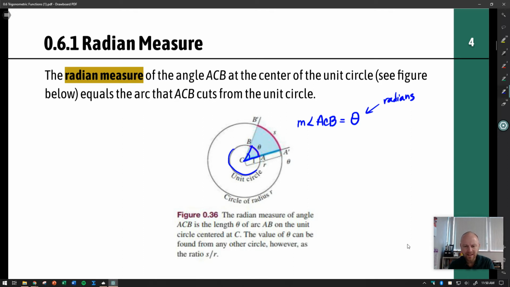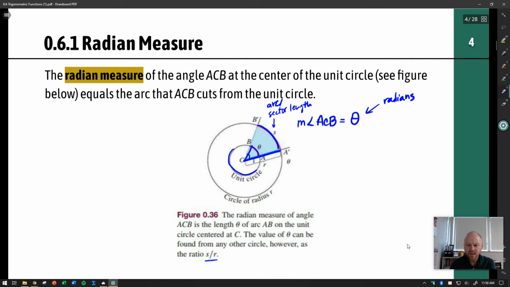So let's take a look back at the diagram again. Here is S on a circle that is much larger than the unit circle. S stands for the length of the sector, or arc length, arc or sector length. Now, R is what we know it is, the radius.